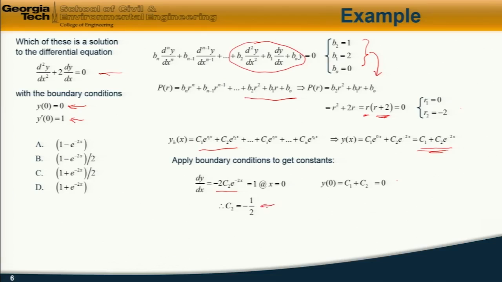But c2 we already know is minus 1/2, therefore c1 is equal to 1/2. So putting those values into the general solution, we find that our solution is 1/2 minus 1/2 e to the minus 2x, which I can write a little more neatly as (1 minus e to the minus 2x) over 2, and so the answer is B.